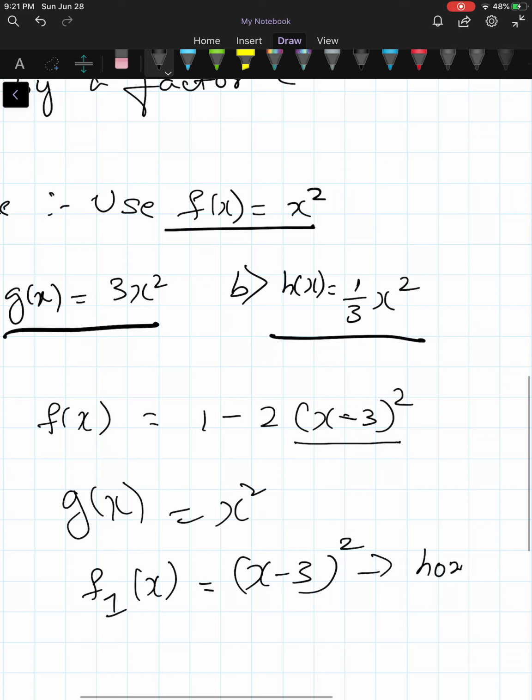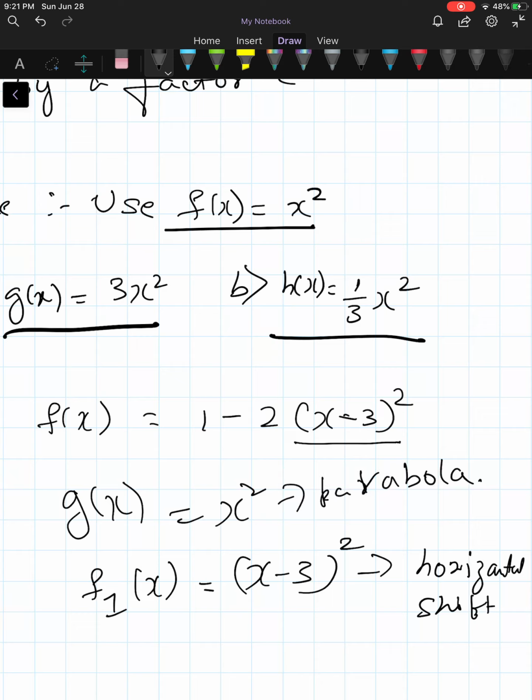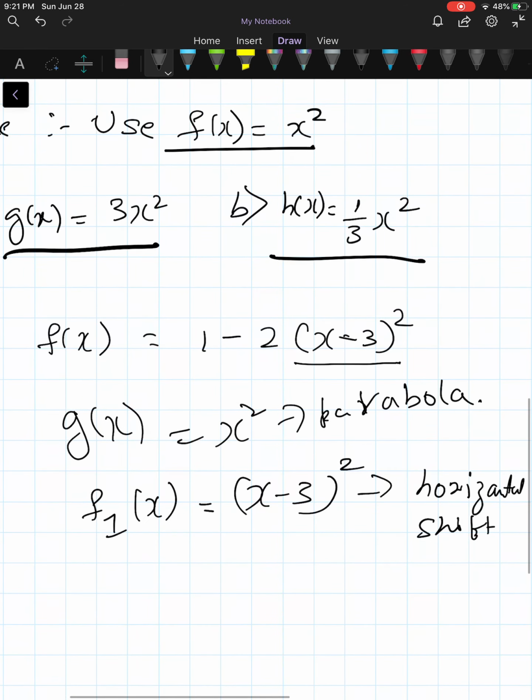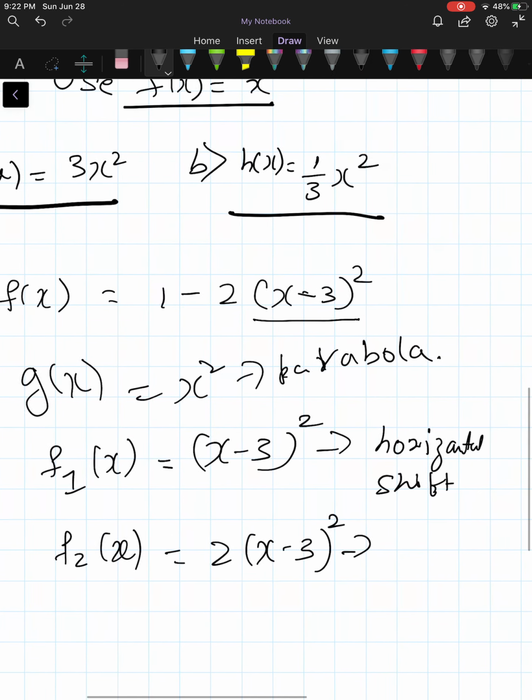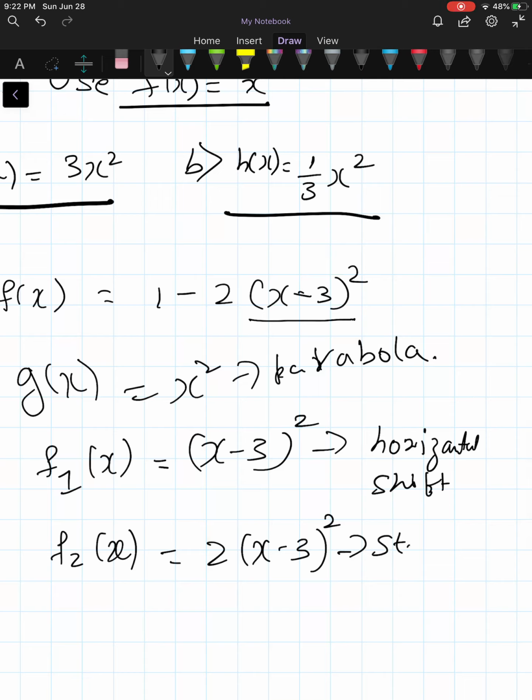So this will give you the horizontal shift. This is nothing but a parabola. So we will plot all the functions together. Then f2 of x would be 2 times (x minus 3) the whole squared. This would be vertical stretching of the function f1 of x, correct?